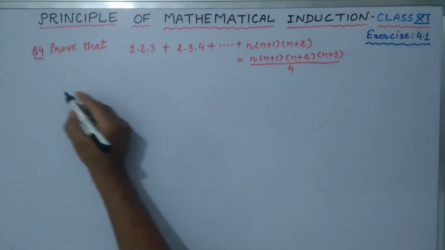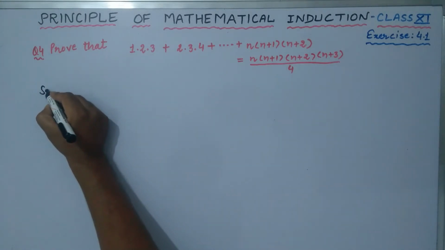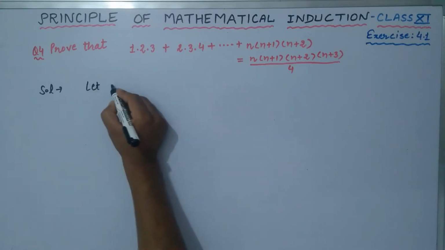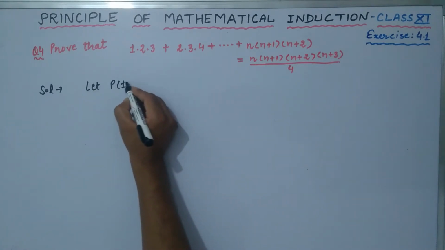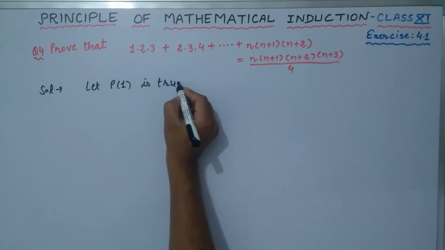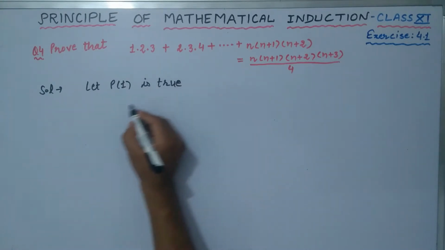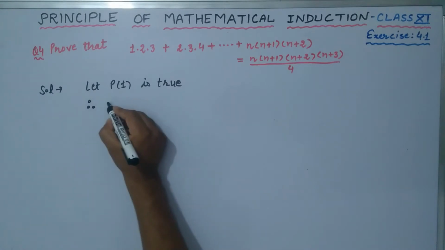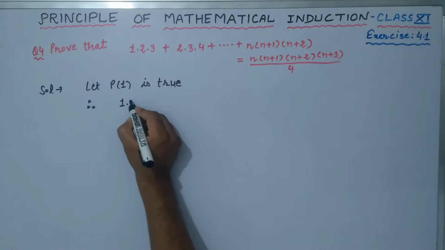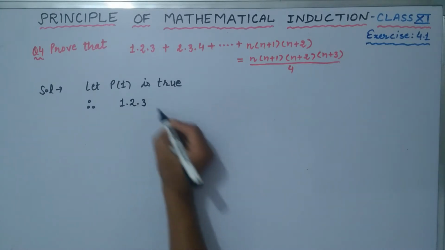So first of all, how to solve? Let P1 be true. In P1, the left hand side is 1 into 2 into 3.